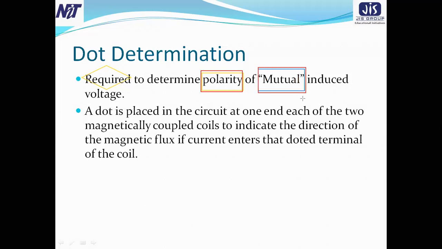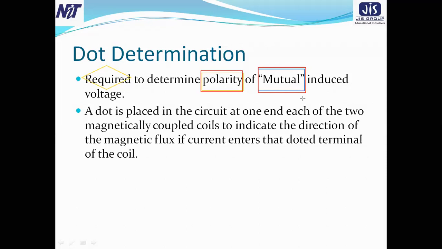Next, a dot is placed in the circuit at one end of each of the two magnetically coupled coils, to indicate the direction of the magnetic flux if current enters that dotted terminal of the coil.